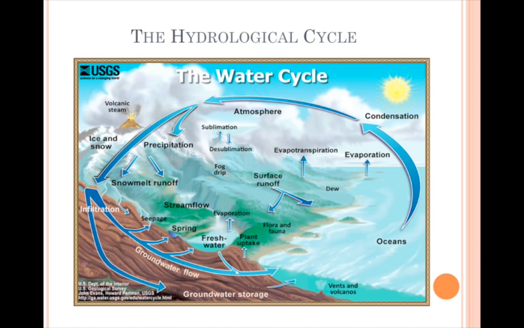The hydrological cycle, also known as the water cycle or the H2O cycle, describes the continuous movement of water on, above, and below the surface of the Earth. The mass of water on Earth remains fairly constant over time, but the partitioning of water into major reservoirs of ice, fresh water, saline or oceanic water, and atmospheric water is variable depending on our climate.